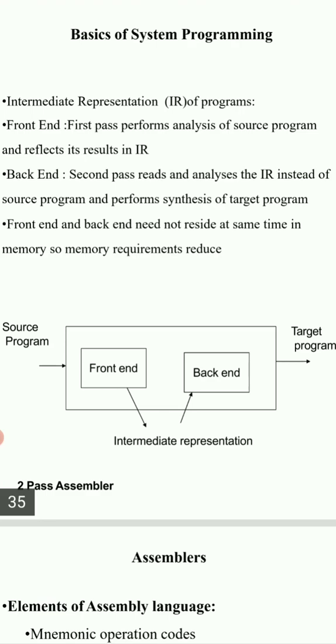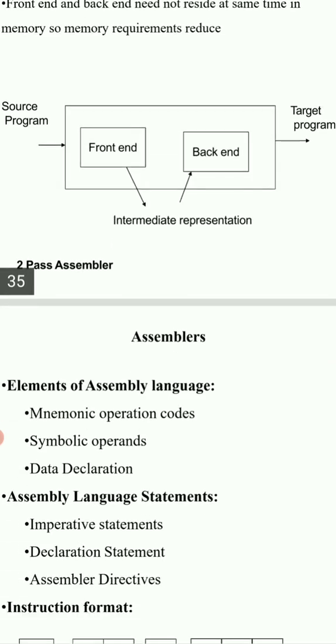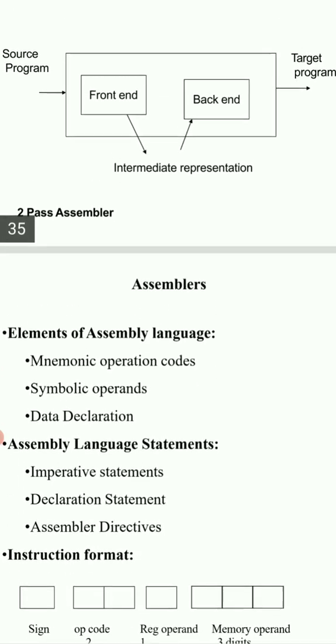And the front end and back end need not reside at the same time in memory, so memory requirement is reduced. It is the advantage of the intermediate representation, because we are not using both at the same time, we are using only one, so you will require less memory.